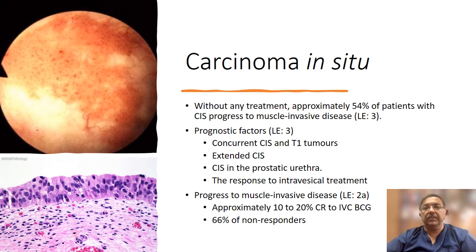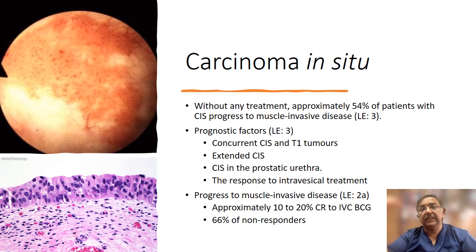Now, carcinoma in situ we know is a difficult condition to manage. Without any treatment, nearly half of the patients would progress to muscle invasive disease. The risk factors for carcinoma in situ are concomitant T1 tumors, extended carcinoma in situ involving most parts of the bladder, or carcinoma in situ in the prostatic urethra.